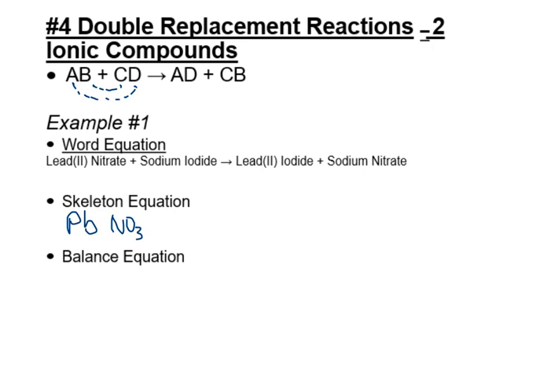So if lead's +2 and nitrate is -1, they don't fit. We're going to need to double up our nitrates. I'm not talking about doubling up the whole molecule. I mean, in order to even make the molecule itself, we need 2 of them. This would be like when you go to Costco and you're buying a multi-pack. In this package, you get 1 lead, 2 nitrogens, and 6 oxygens in this big collective package of molecules.